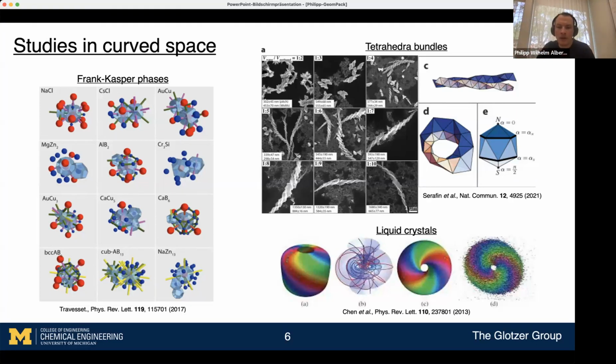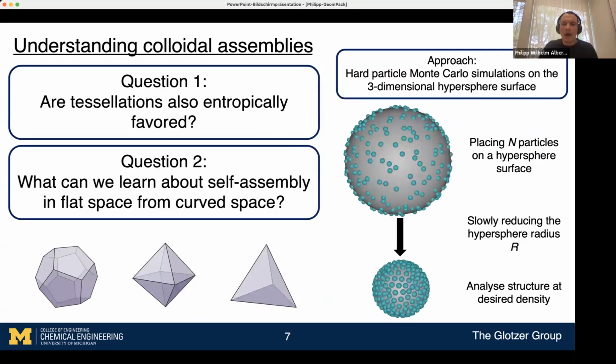And also Randall Kamien looked at liquid crystals, which can form these kind of phases, which can be traced back to Hopf fibrations, which is also a concept from curved spherical space. But I want to go even one step further and look at this in a more general way for self-assembly in general.